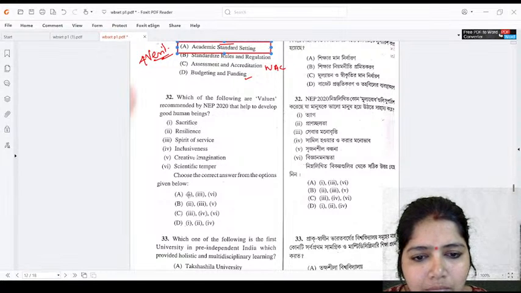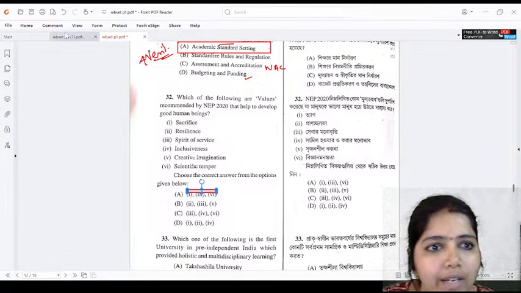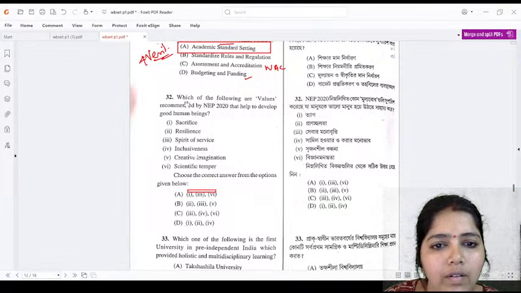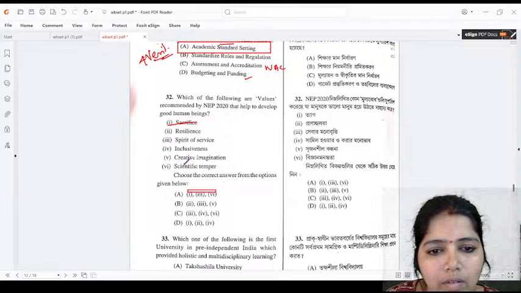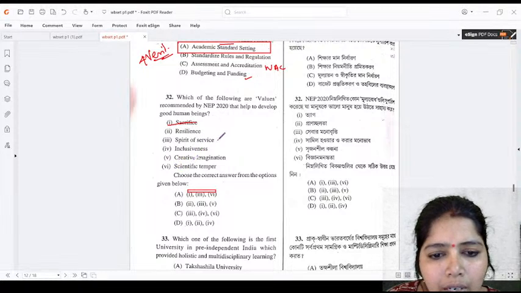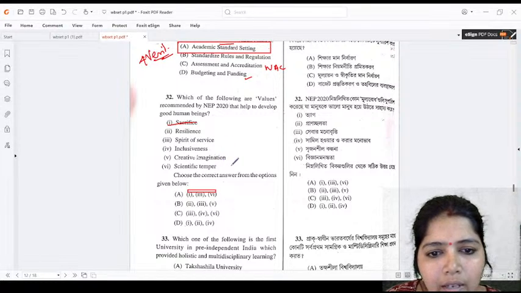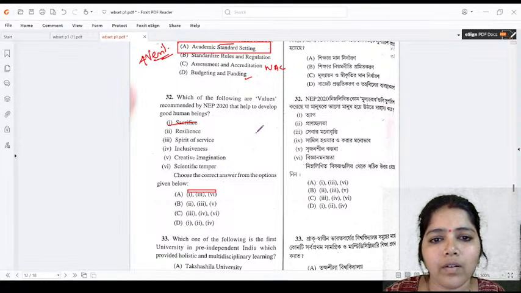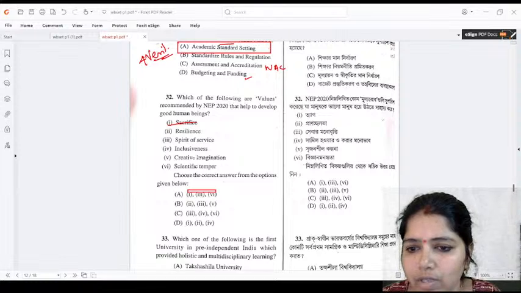A1 will not come, so we can eliminate one.